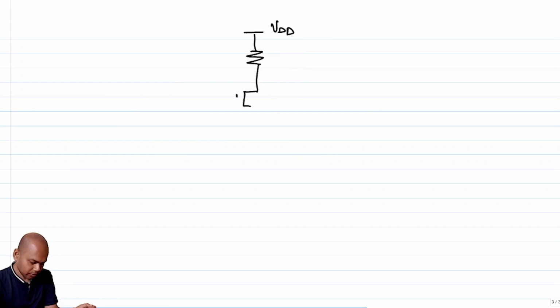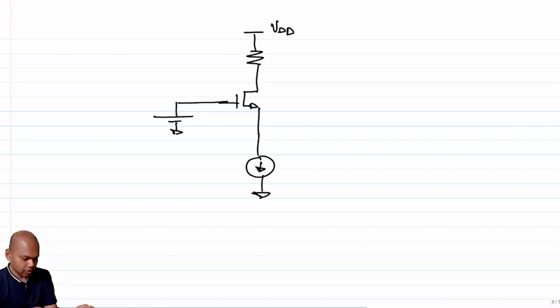So let's say now I connect, this is DTD, and let's say I have a current source here. Okay, so I call this I naught, and our signal is coming.